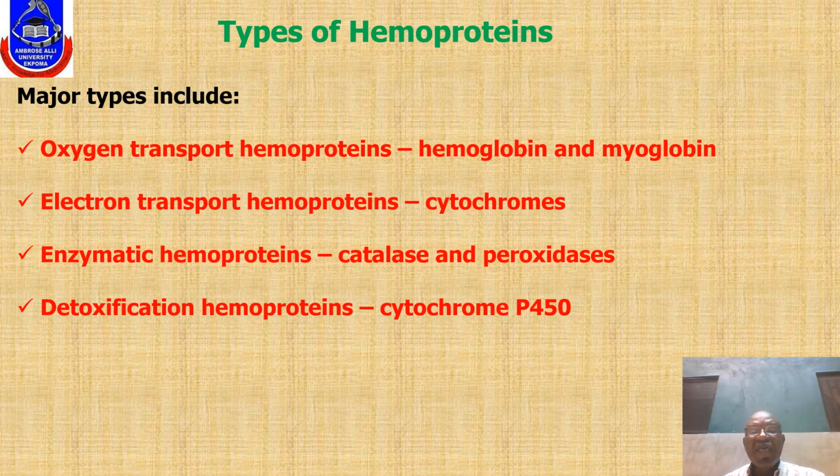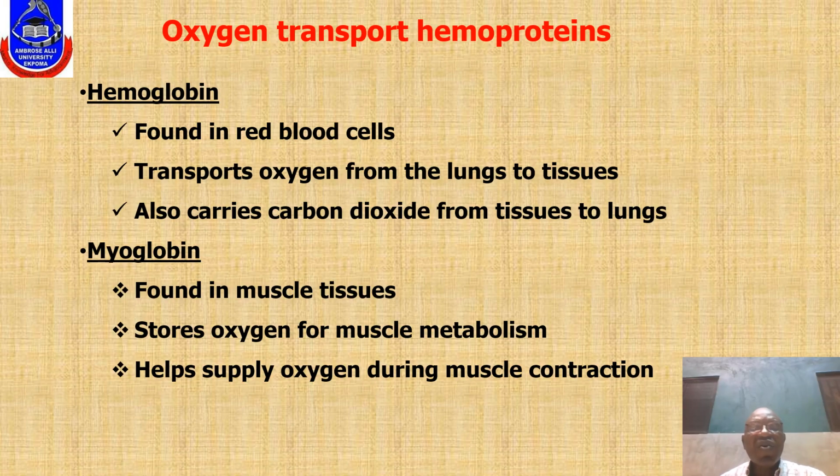We have catalase and peroxidases playing the function in enzymatic catalysis, and cytochrome P450 in detoxification reactions. Now we shall take these functions one after the other, one by one. Now let's start with oxygen transport hemoproteins.